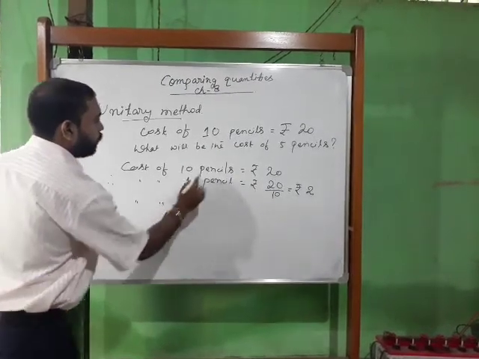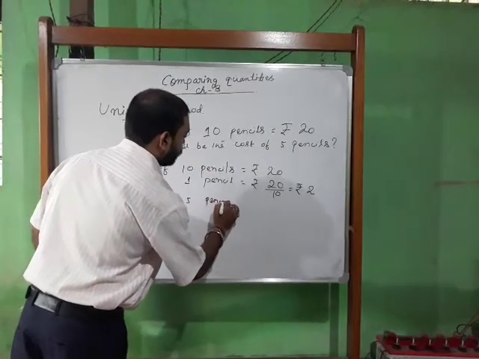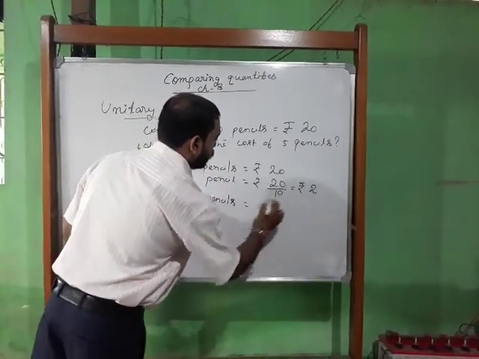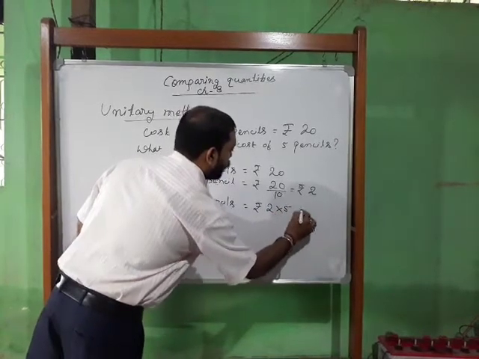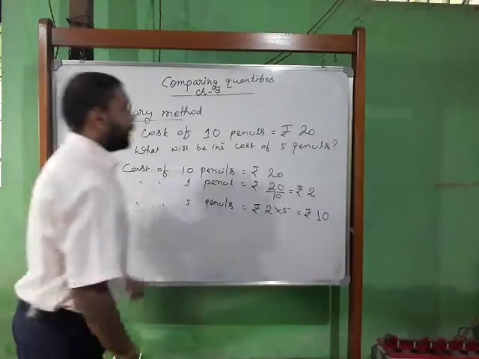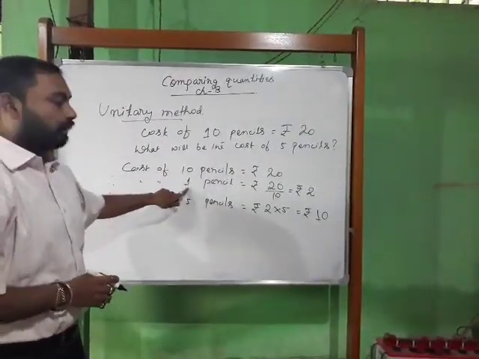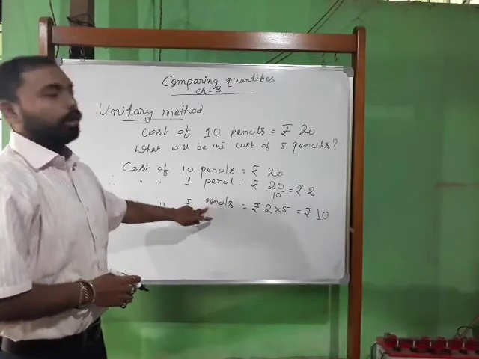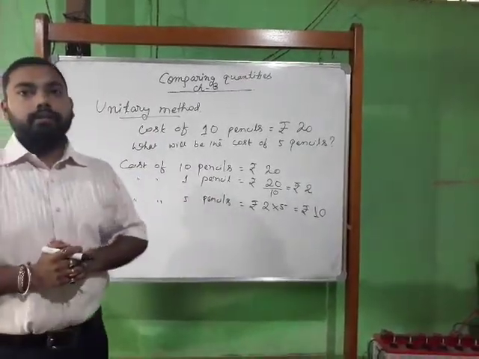Therefore the cost of 5 pencils equal to rupees 2 into 5, which is equal to rupees 10. So this is all about unitary method. Means at first you have to calculate in 1 unit, then the required unit you have to find out.